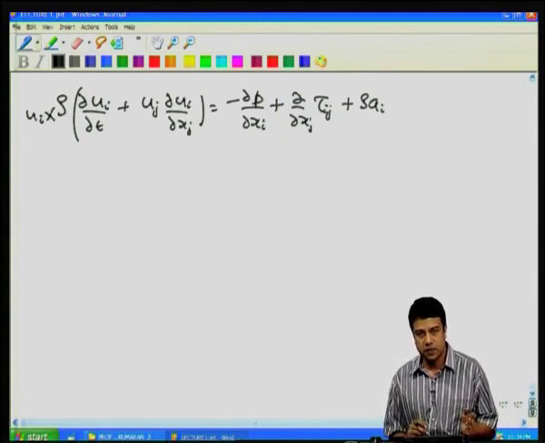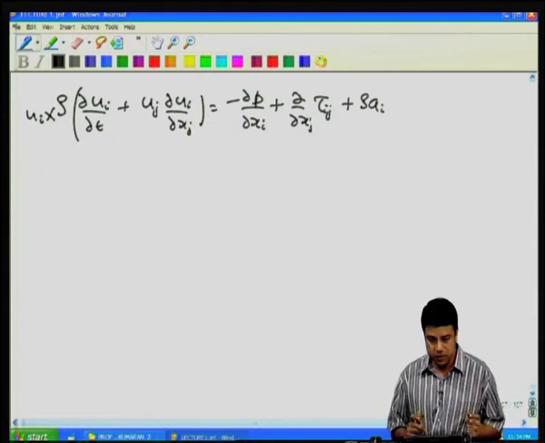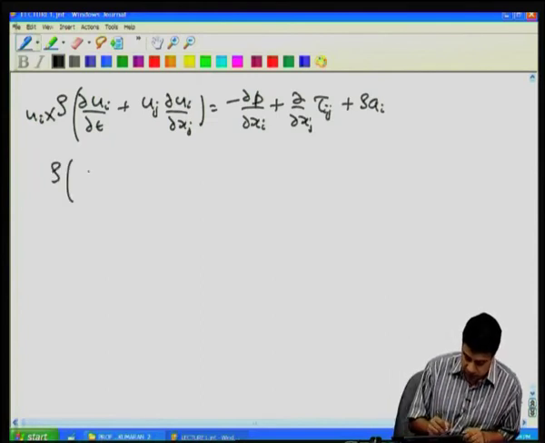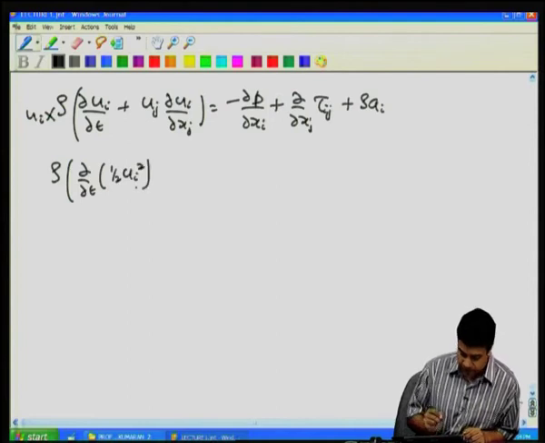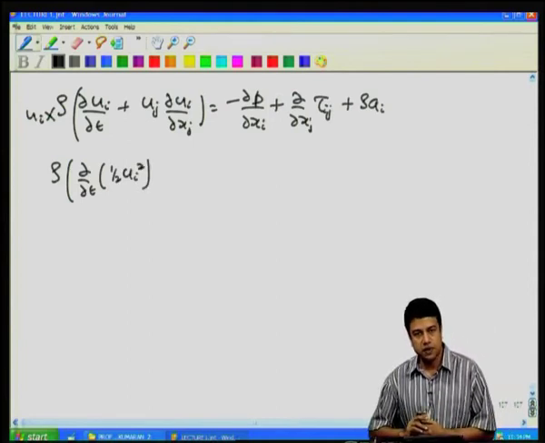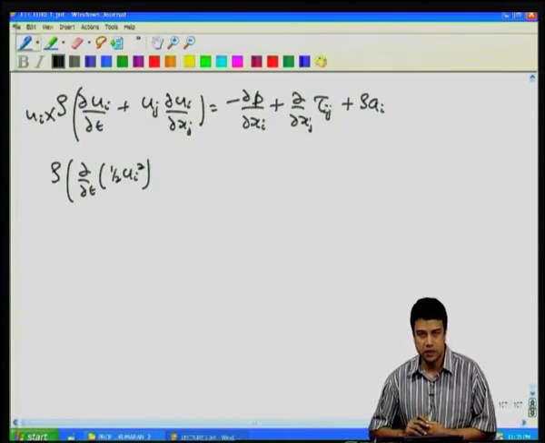And you can see, for example, u I times partial u I by partial t is just equal to partial by partial t of half u I square.